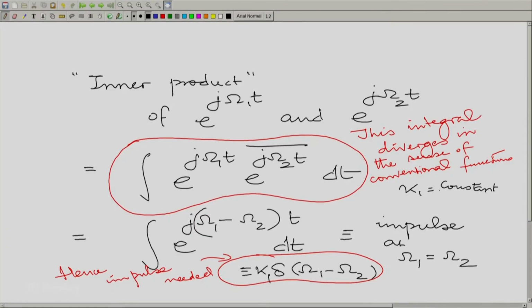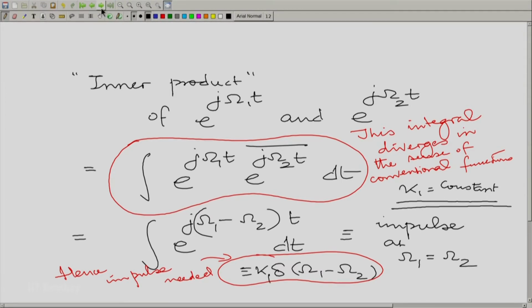They are mutually perpendicular. And once we recognize that, and once we also accept, here I have not proved, but we will just accept that this constant k1 which I wrote here is independent of the particular values of omega 1 and omega 2.